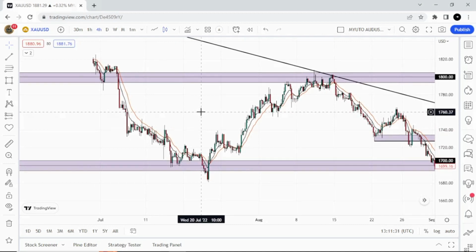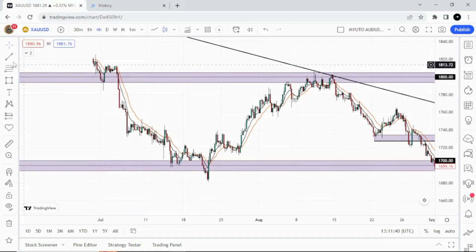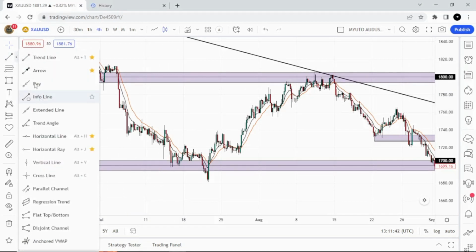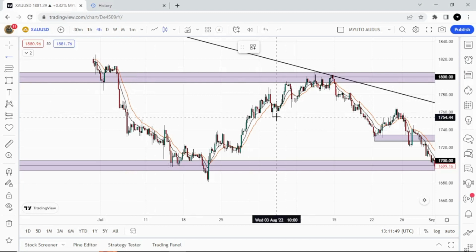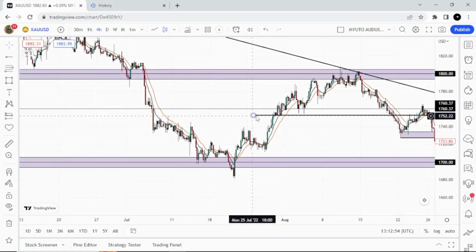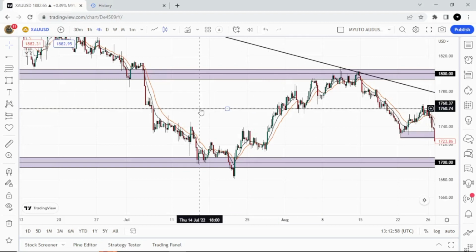Let me just bring out our horizontal line, our horizontal ray. I have drawn a horizontal line here.